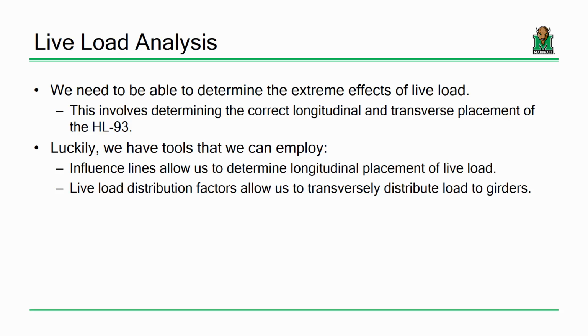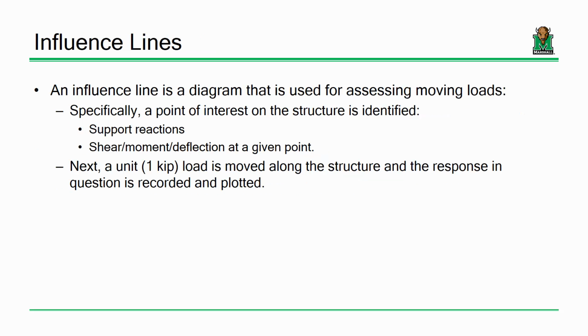Because at a given point, we're going to have a potential range of forces that we can see, a possible maximum positive value and a possible maximum negative value. And that'll become clear here in a second, and that primarily results through longitudinal placement. Now, in order to do that properly, that's where influence lines come into play. So what's an influence line?